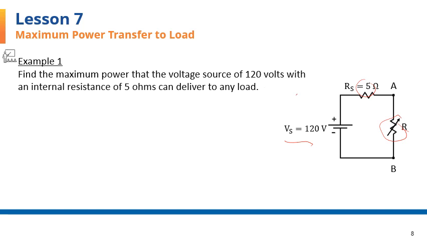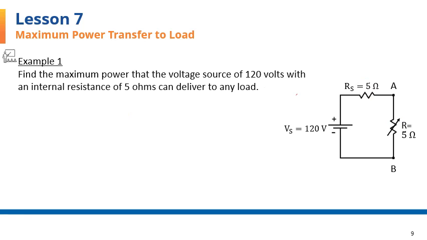We know from previous discussion that maximum power is delivered to any load connected to this voltage source when that load matches the internal resistance. So for maximizing the power to resistor R, we need to set R to 5 ohms.